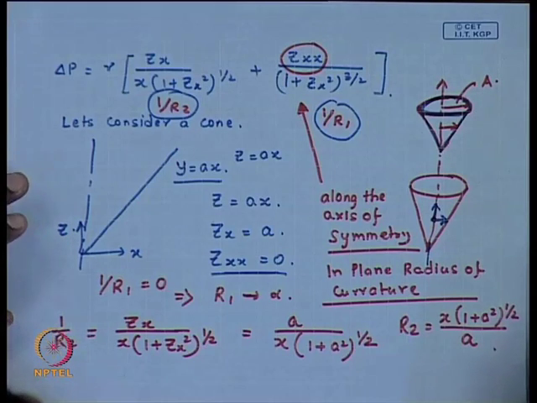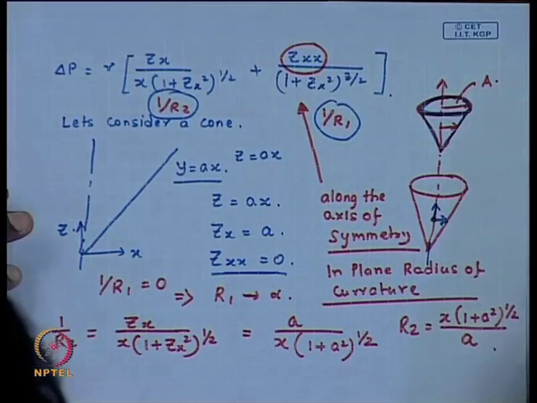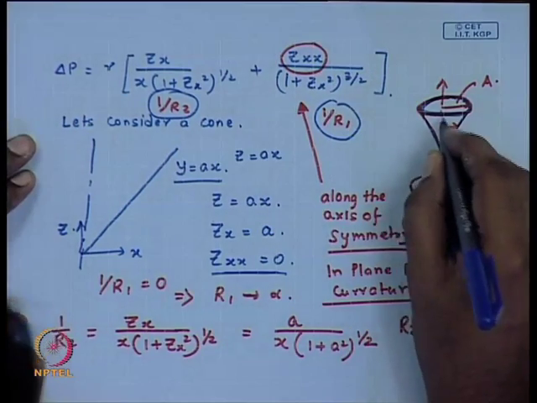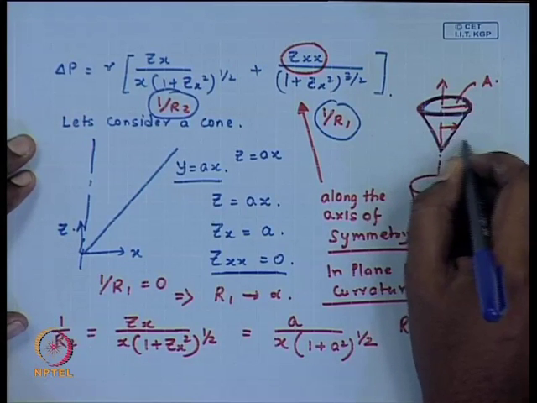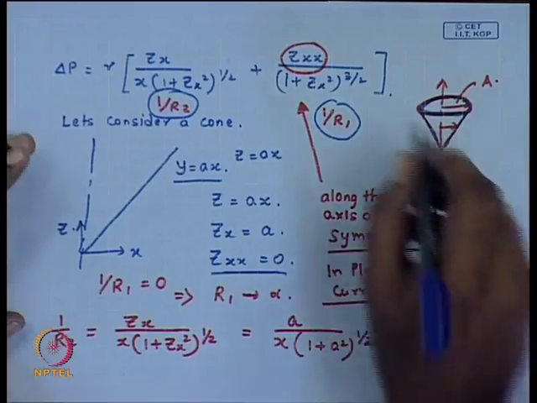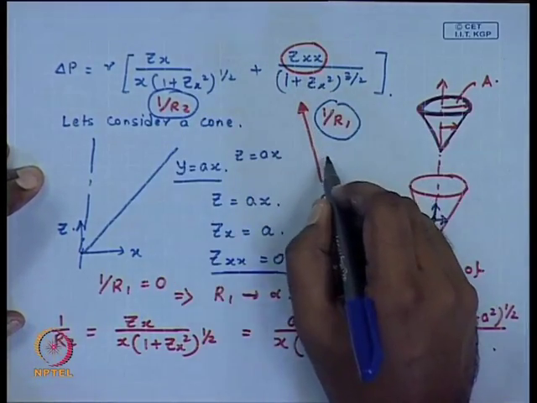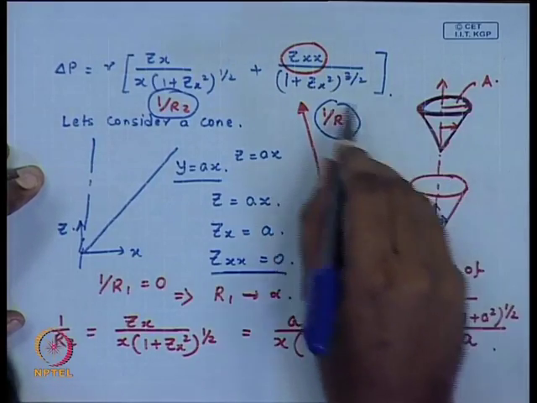For a conical surface, for example, we know that one of the radii of curvature is infinite, the other one is finite or non-zero, and you can see that out of these two terms only this particular term can correspond to this radius.